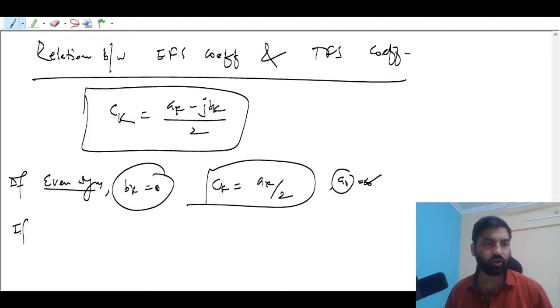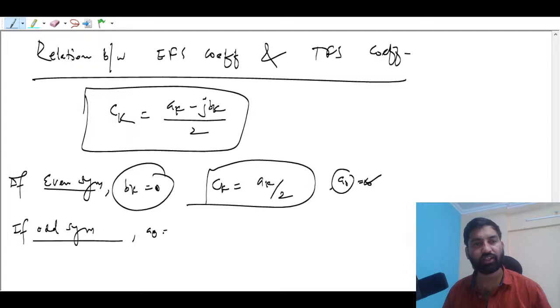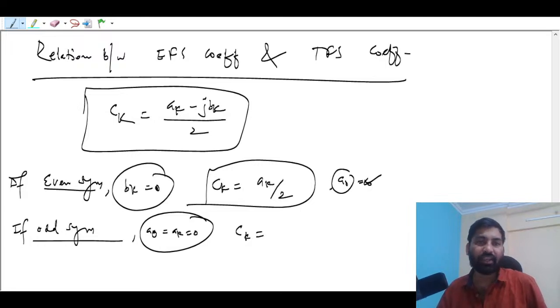And if there is an odd symmetry, you don't have to find A0 and AK, they will be 0, right? So your CK will become what? You plug in here, AK is 0, so CK is going to be minus JBK by 2.